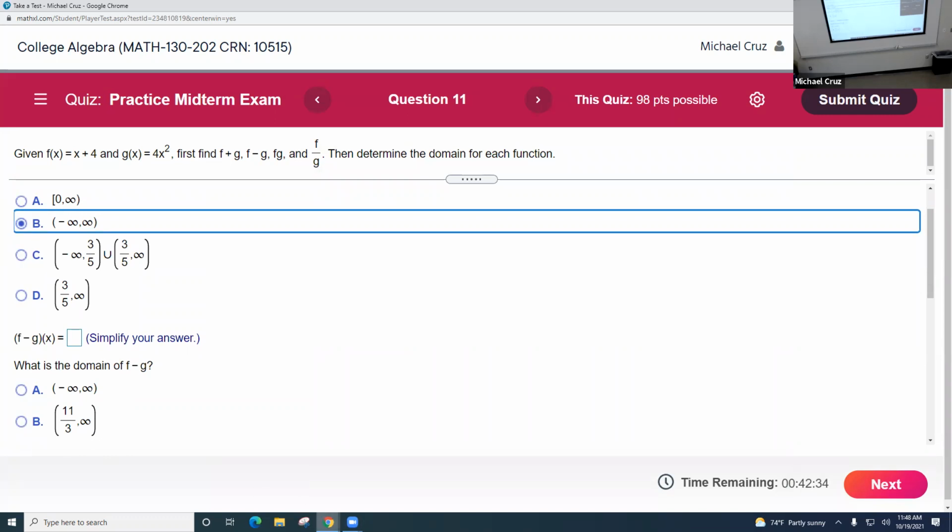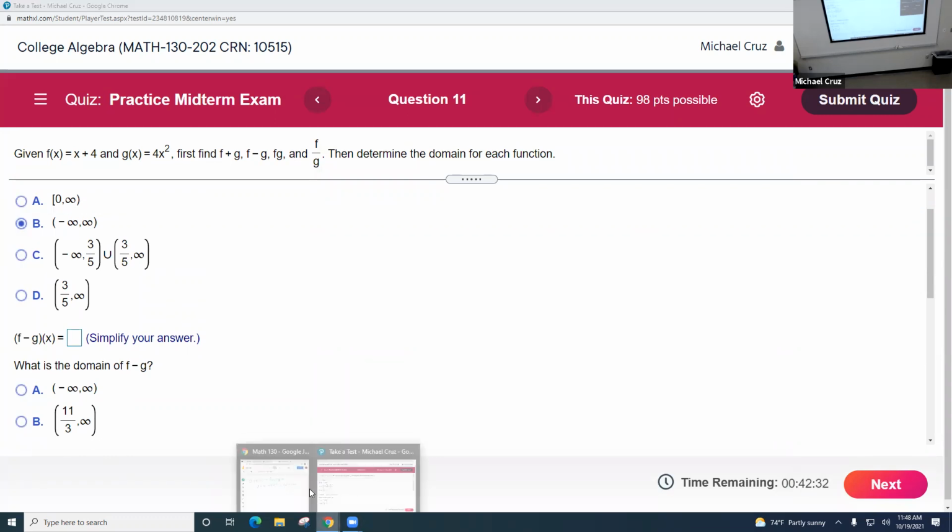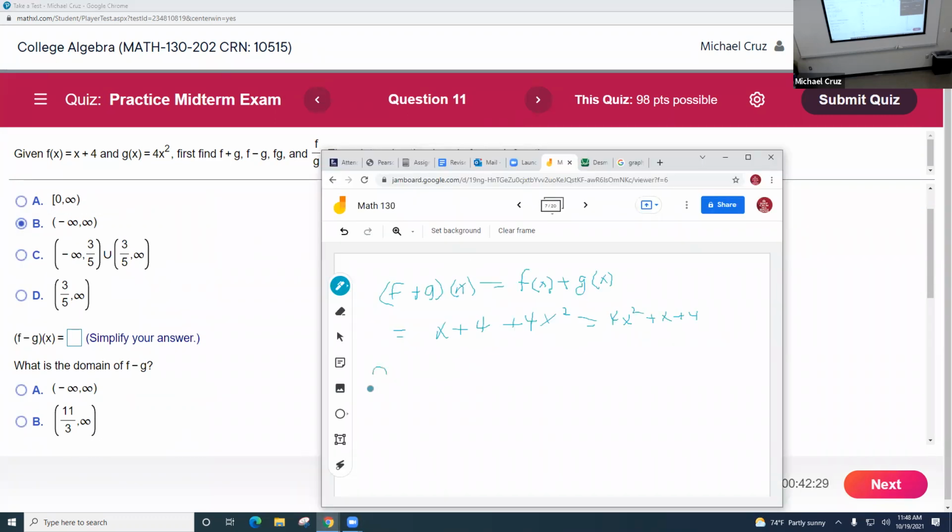All right, this is f minus g. So f minus g is just going to be f of x minus g of x. So it's going to be the same thing, except we're going to replace that with a negative sign.